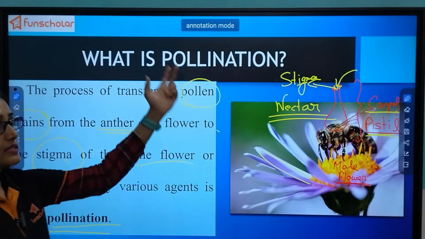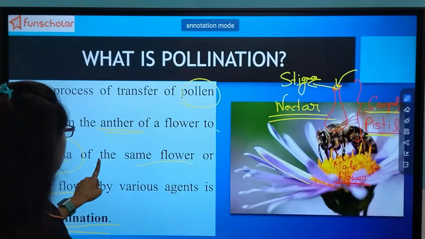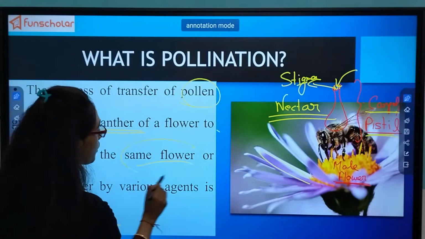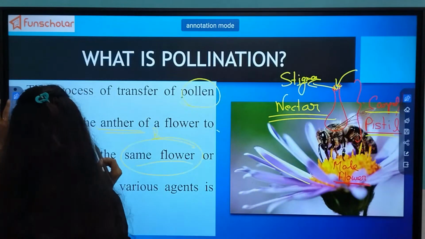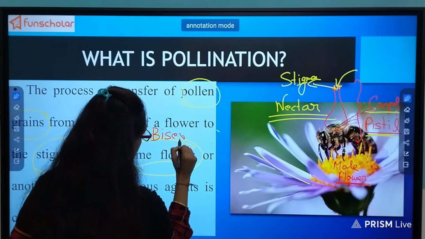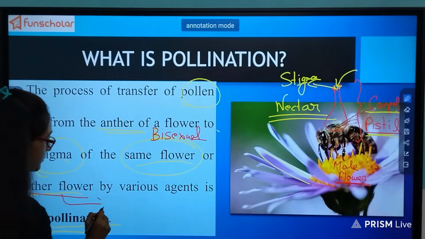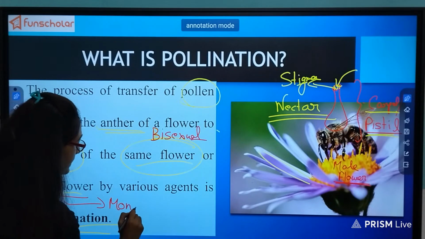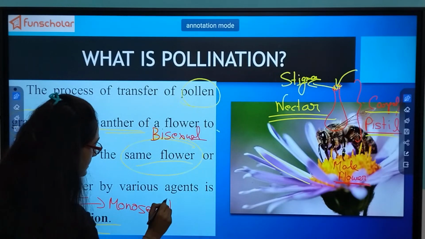So, the process of transfer of pollen grains, why is it written here "same flower"? Because the flower over here is bisexual. And for a different flower, the flower is monosexual. What did I say about bisexual and monosexual in my previous lecture?